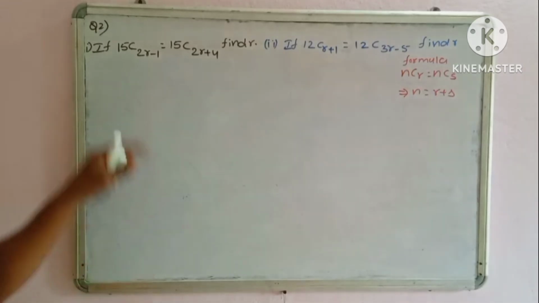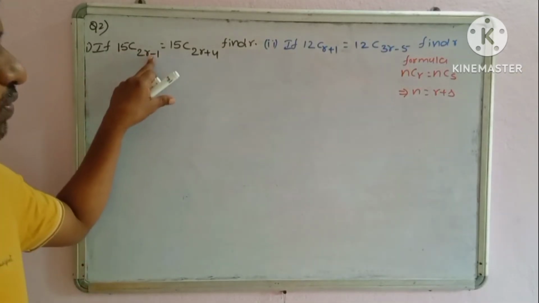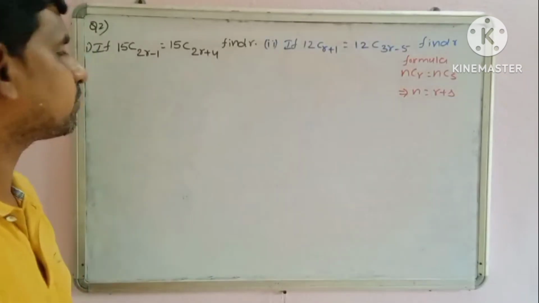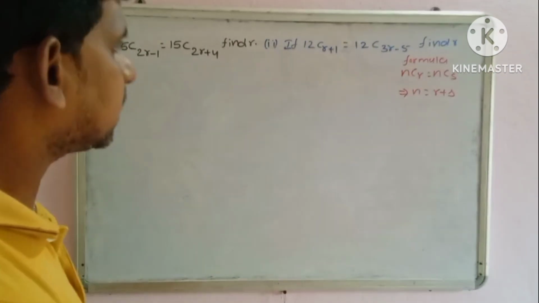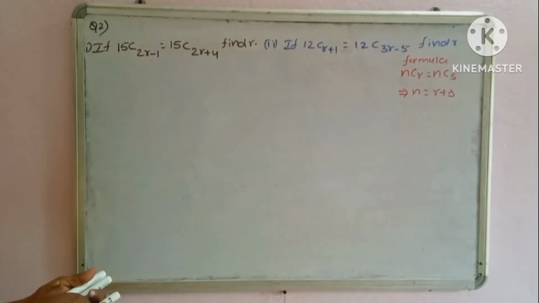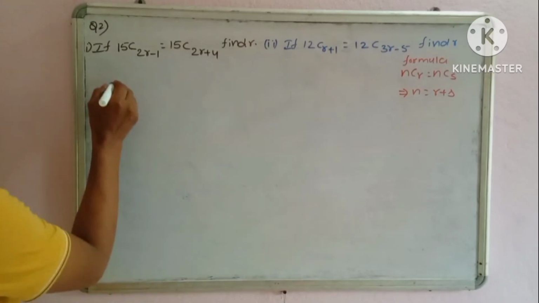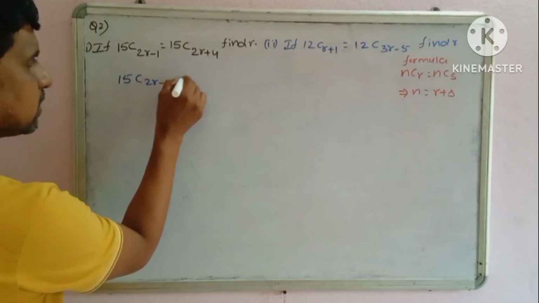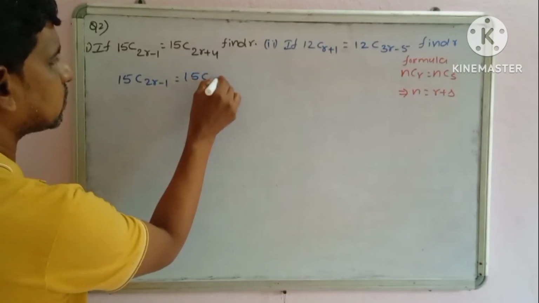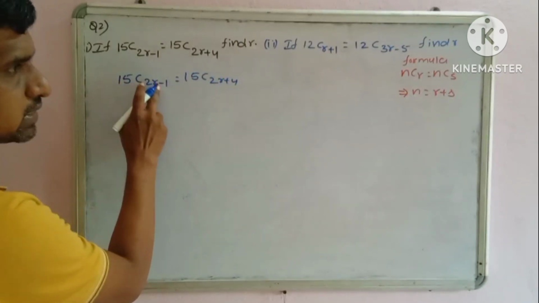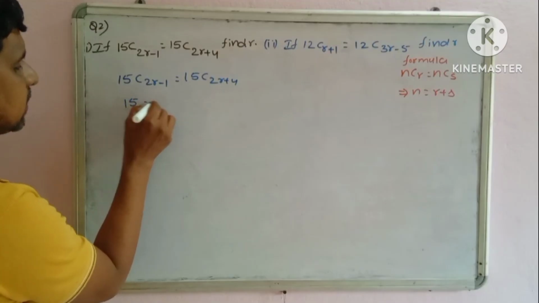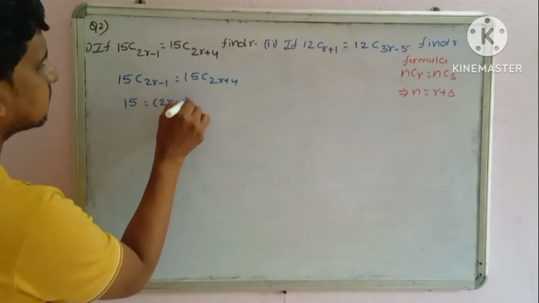So this is in the form of nCr equals nCs, then n equals r plus s. That means, in the question, 15C(2r minus 1) equals 15C(r plus 4).